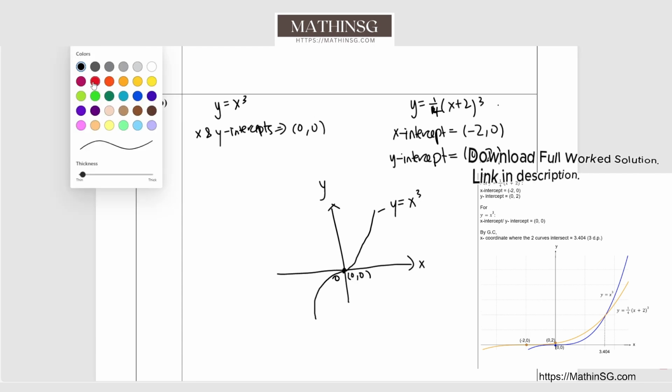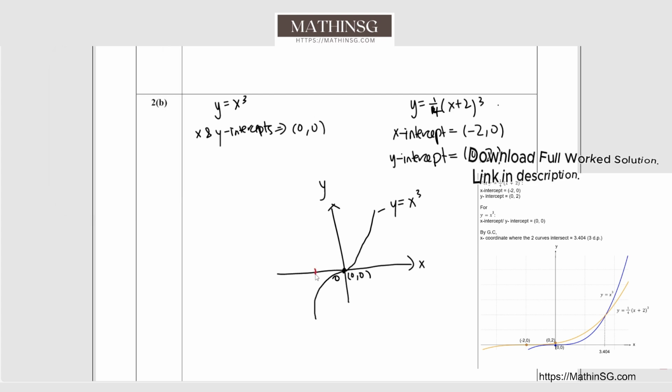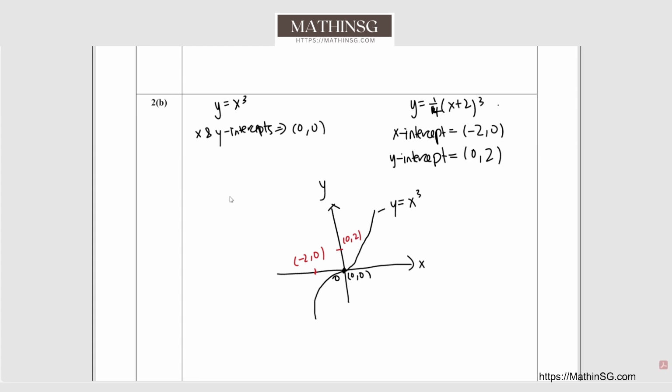Then let me use another color, maybe red. For this one here, I have -2, 0 as the x-intercept, and 0, 2 as the y-intercept. From the GC, I also found that the two of them intersect at around 3.404 when rounded off to 3 dp.